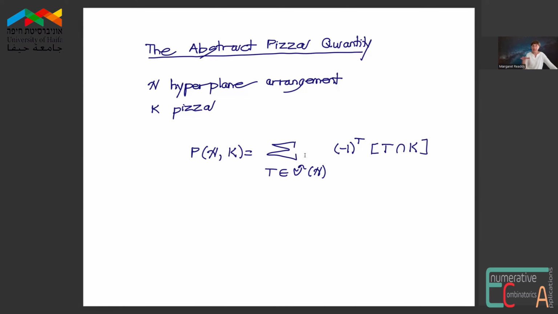We're going to intersect them with our pizza, and now we're going to be looking at these classes in this abstract setting. We assign them a sign in the usual way, and that's going to be our abstract pizza quantity. We're working in this abstract free abelian group.